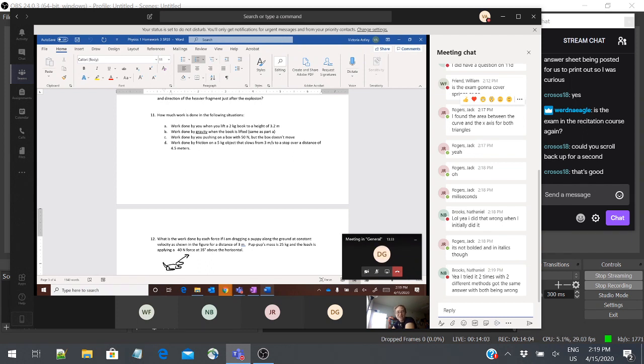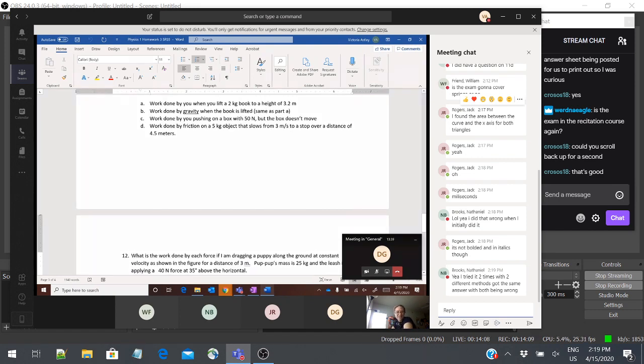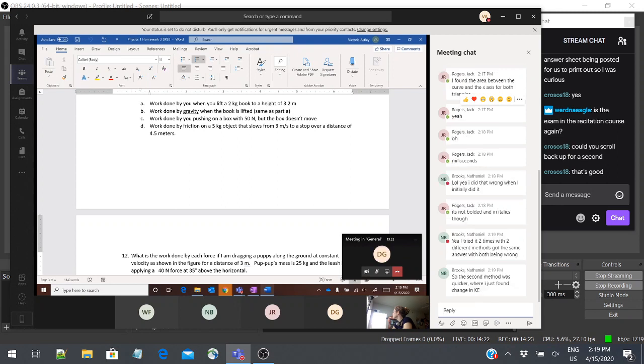Okay, share maybe one or both of those methods. Okay, second method, found the change in KE.